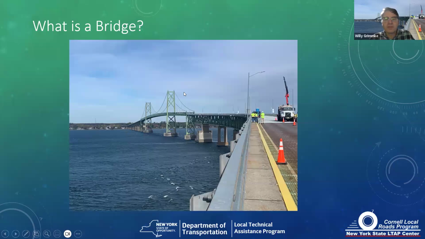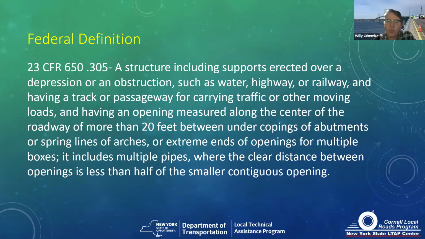This is a photo of the Ogdensburg Prescott International Bridge over the St. Lawrence River. It's owned by the Ogdensburg Bridge and Port Authority. And what's a bridge? That's the question of the day, and the answer is, well, it depends.